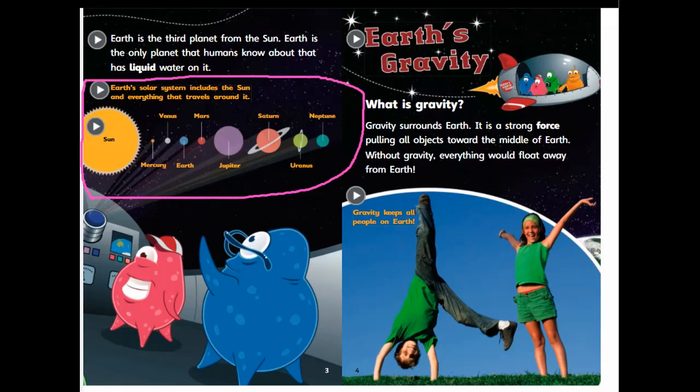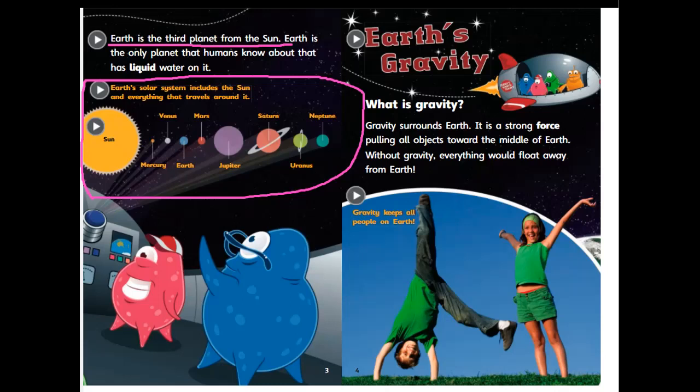So I want you to think, how does the illustration of the solar system on page 3 help you better understand the text? How is that picture, that illustration, helping you understand the text? So if you look up here and it says Earth is the third planet from the sun, what does that actually mean?